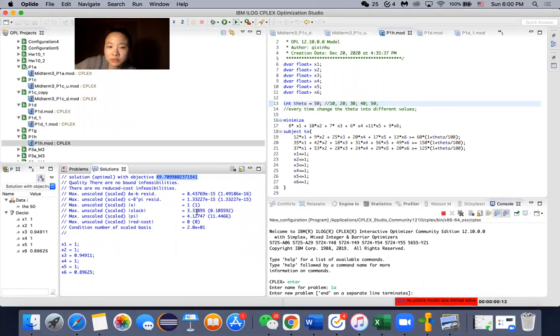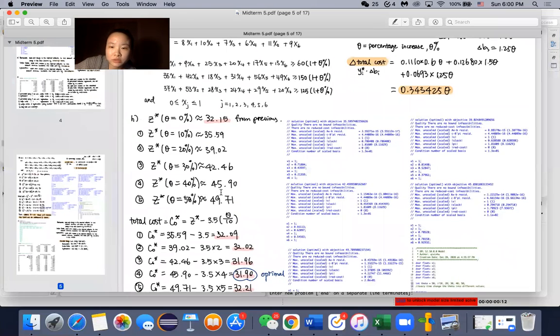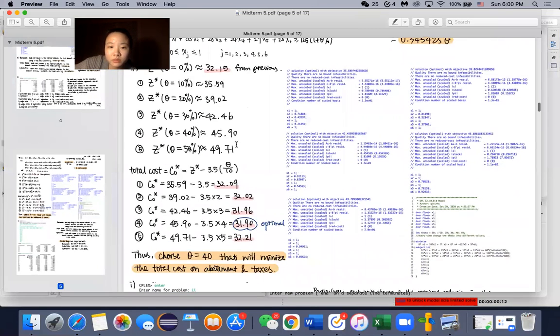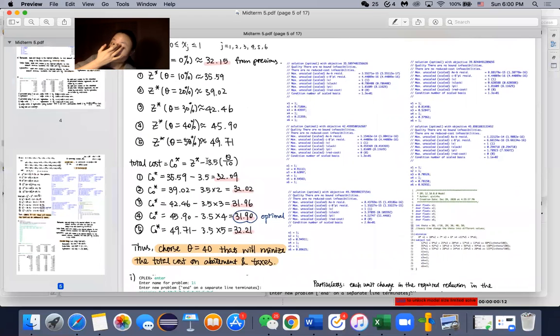This is the optimal cost for theta equal to 50, and this is the answer that I got for the others. Then it asks us to subtract, because the policy is that if you surpass the requirement by 10%, you get 3.5 million tax off. So it's just minus the tax off.